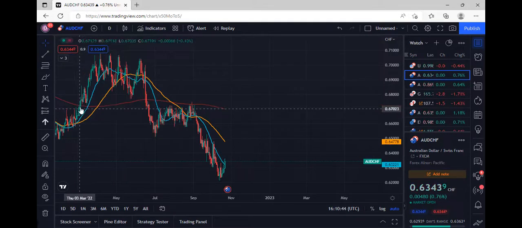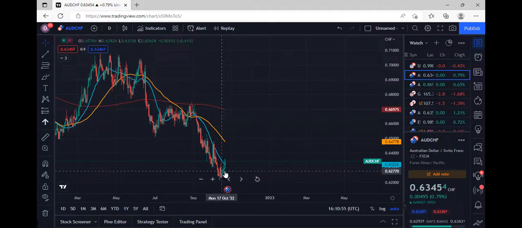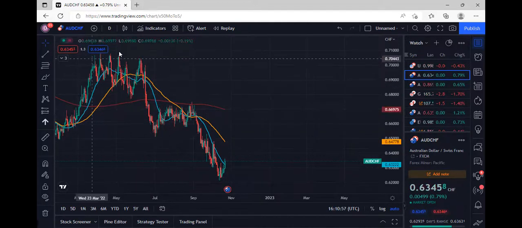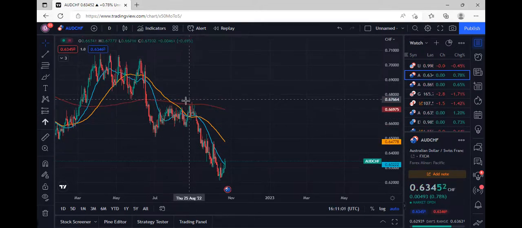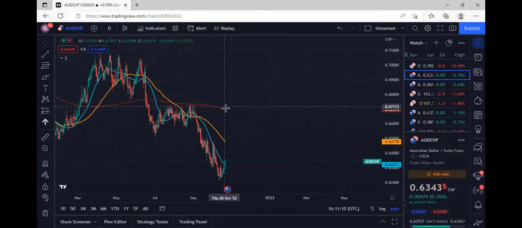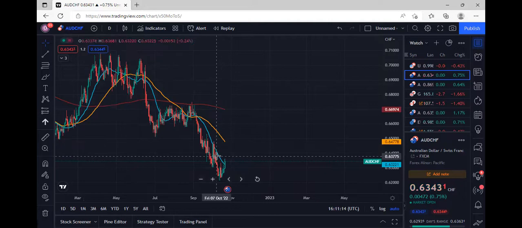Once the price is below my 200 moving average, which is the red line that you're seeing, once you see price playing below, not above as you see here, once price is below that particular moving average, we are in the seller's market, right? Once price is below the 200 moving average, we are in the seller's market.